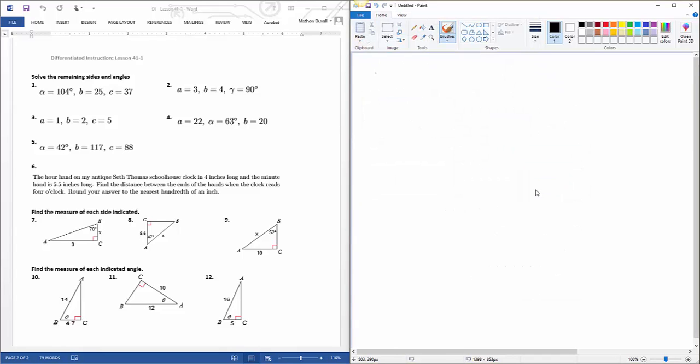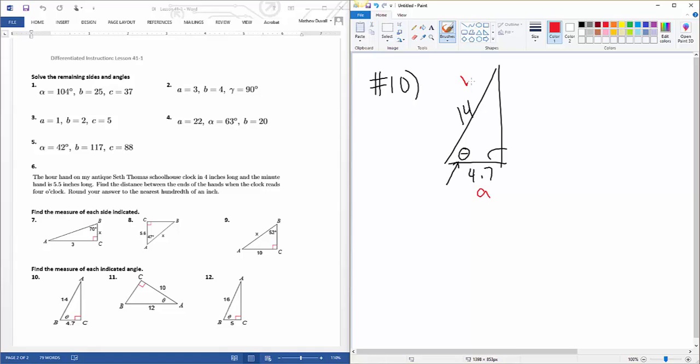Now for number 10. For this one, we're trying to find our angle. Now this is still a right triangle, so those ratios still apply, the sine, cosine, and tangent, or SOHCAHTOA. And so I have to find the angle, I still have to establish that relationship.